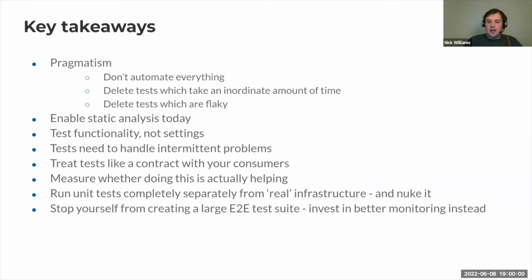Other than that, we mentioned briefly the smoke tests and the monitoring working hand in hand. You've got to work really hard to stop yourself having functional tests over a larger and larger scope, where they get flakier and harder, and you end up with a huge end-to-end test suite, which you think covers all of your scenarios, but it's really difficult to run and it takes a really long time.